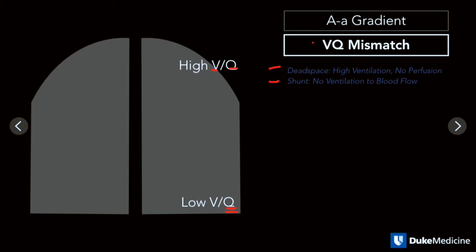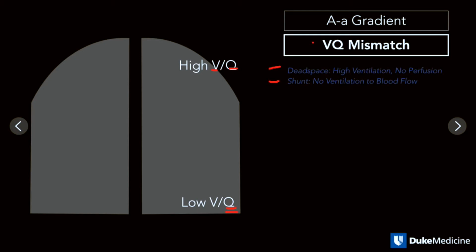Shunt is also an extreme of this. We often talk about it separately, but it is just one extreme where there is no ventilation to blood flow. That's important to keep in mind because we often think of anatomic shunts, which we'll talk about, but there are also physiologic shunts.